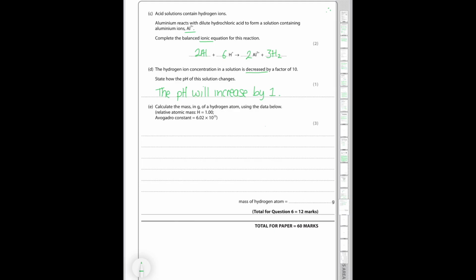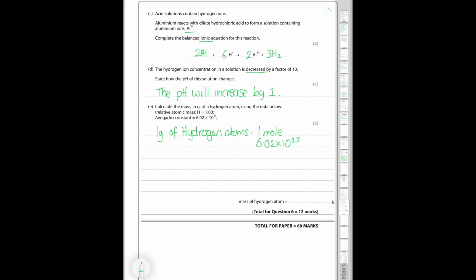So we know that if we've got 1 gram of hydrogen atoms, that is 1 mole, and 1 mole of atoms is 6.02 times 10 to the 23 atoms.